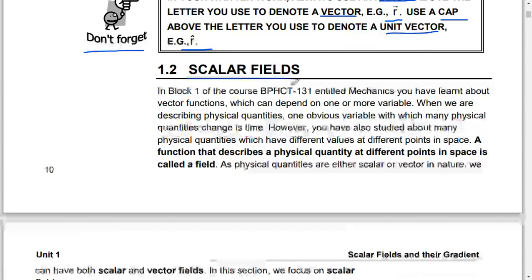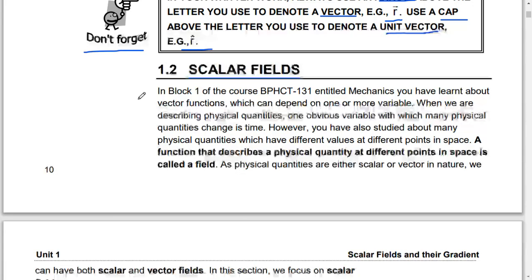Scalar fields. In Block 1 of the course BPHCT-131 entitled Mechanics, you have learned about vector functions which can depend on one or more variables. When we are describing physical quantities, one obvious variable with which many physical quantities change is time.